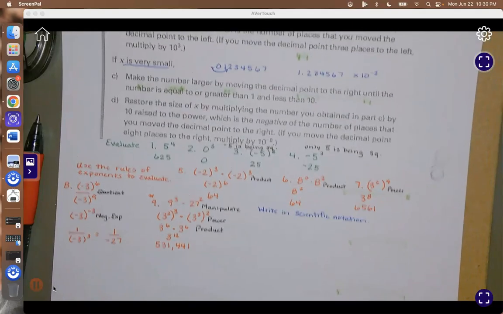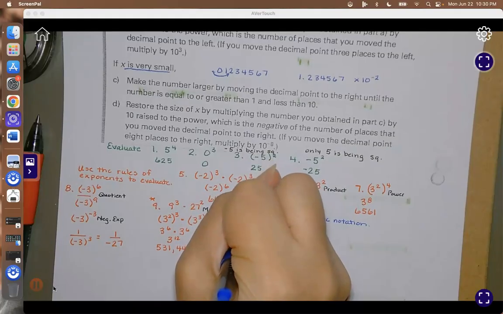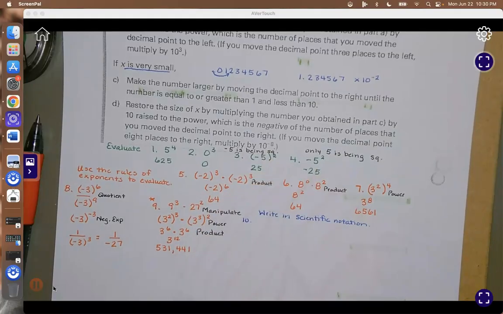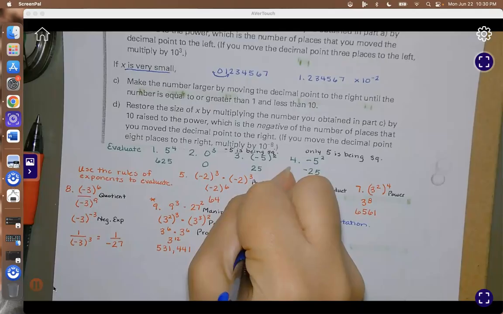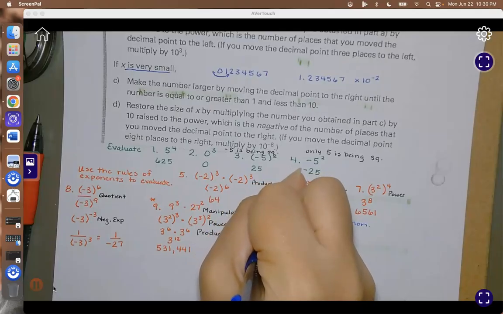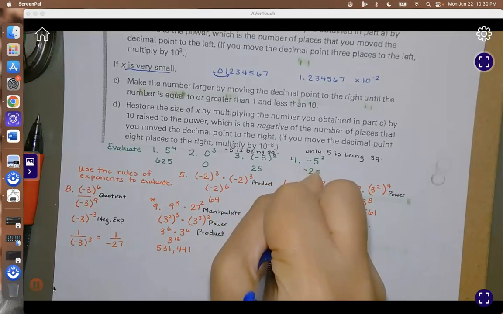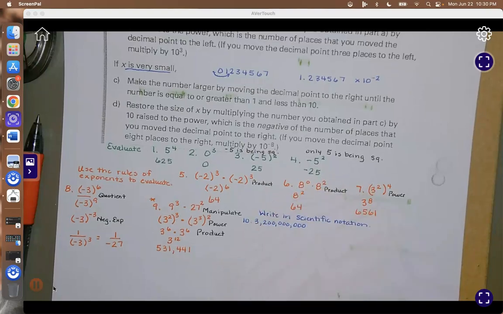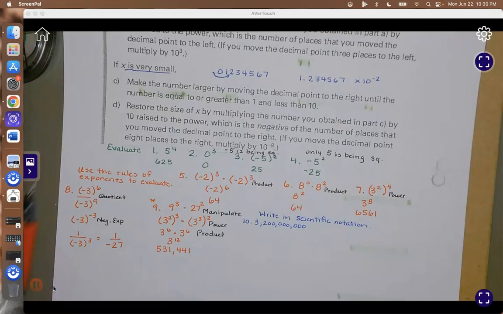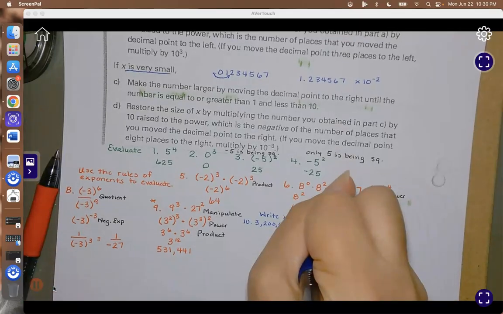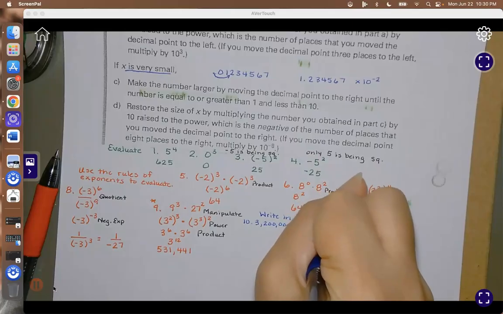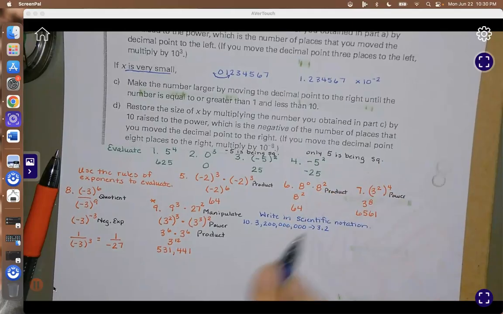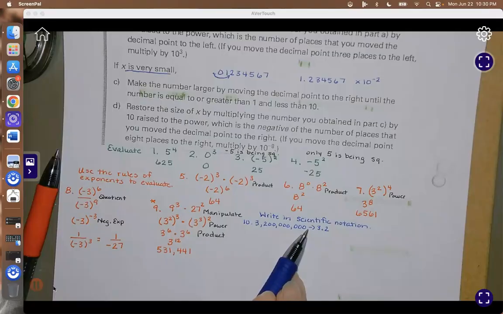So we have 3,200,000,000. All right, so remember we keep one number in the front, and you do not have to write all those zeros, okay?